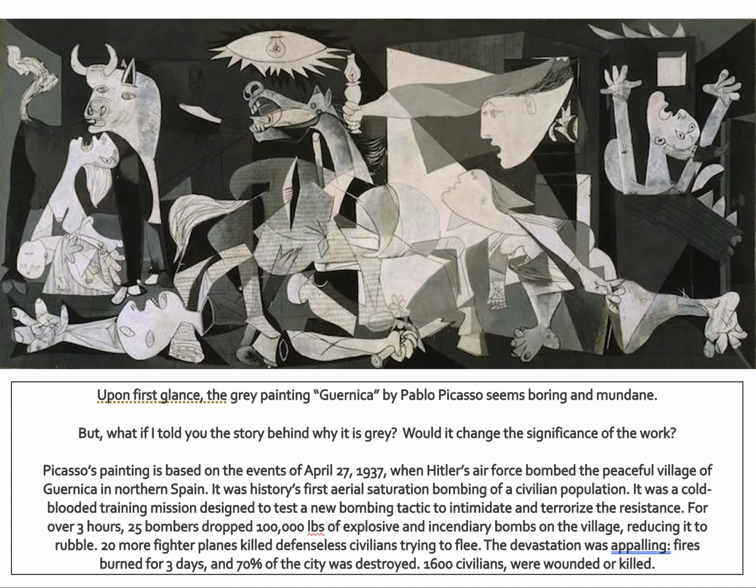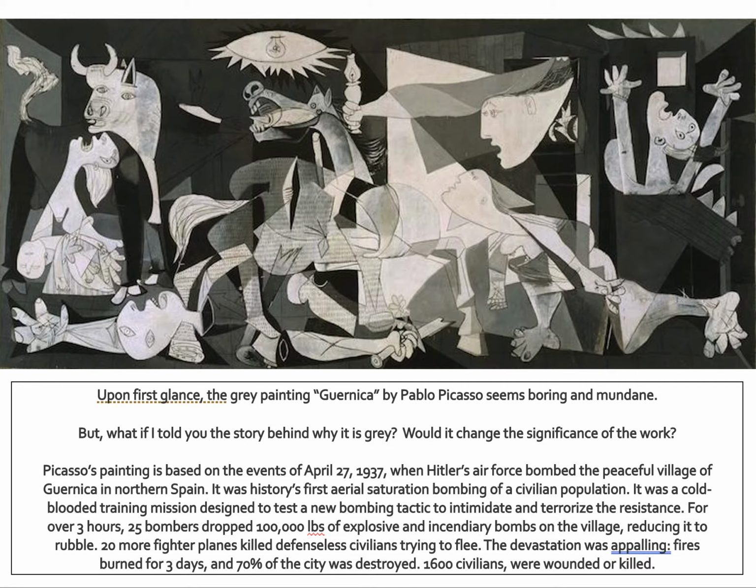The painting was based on events in 1937 when Hitler bombed a village called Guernica, which is located in northern Spain. And it was the first time there was an aerial bombing of a civilian population. And it was actually just this cold-blooded training mission designed to test new bombs. And it was also meant to terrorize people. And so for 3 hours, 25 bombers dropped 100,000 pounds of explosives on the village and incendiary bombs that set fire.